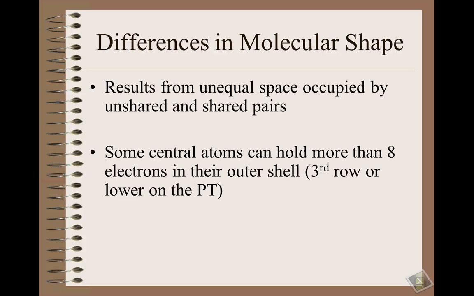When you have fewer than 4 electron clouds, sometimes you'll hear the term steric number used. Steric number is simply a fancy name for the number of electron groups there are around the central atom. So if you have fewer than 8 electrons around that central atom, say like 6 or even 4, then that shape will be two-dimensional in nature.